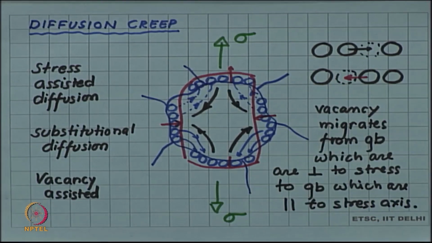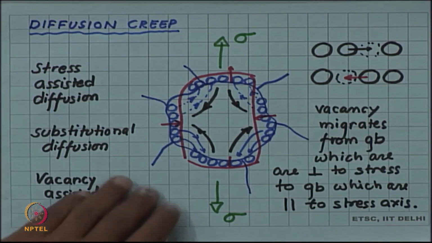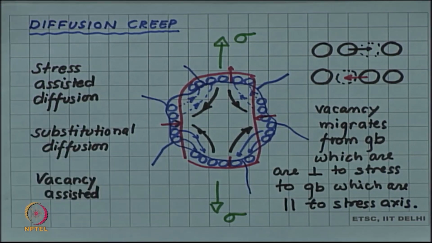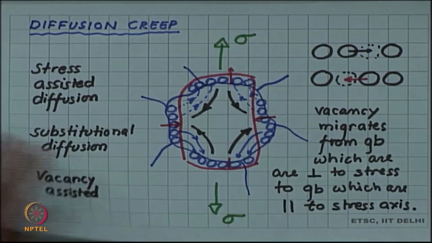So, this is a stress assisted diffusion of vacancy which leads to diffusion creep. There is no dislocation required, but if vacancies move this way, the atoms move the opposite way and the deformation will happen.